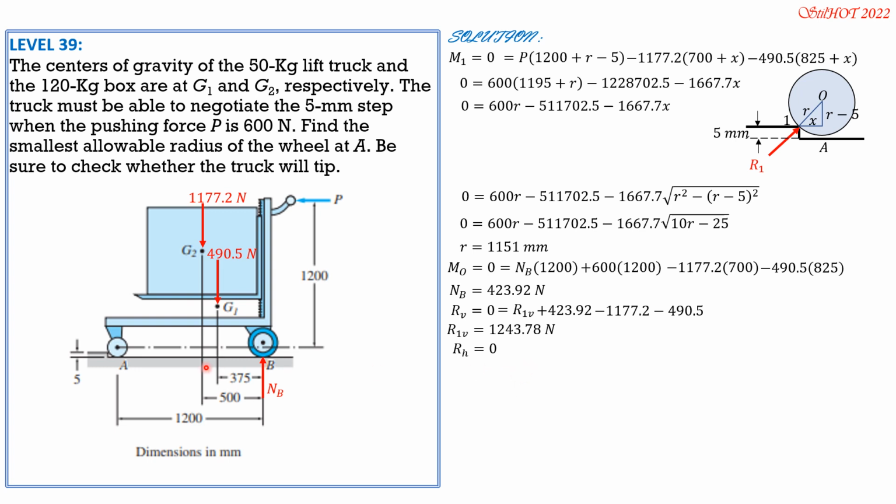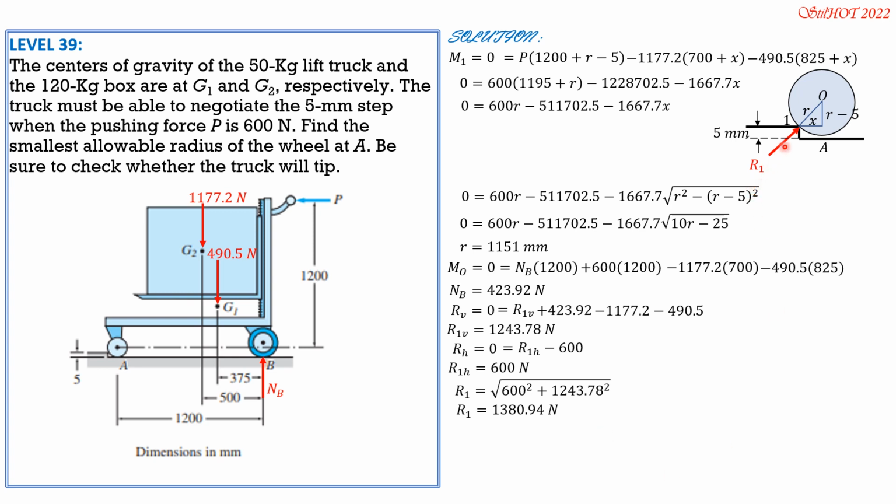This is equal to the horizontal component of R1, then minus P, which is 600. So R1 horizontal equals 600 newtons. Finally, the magnitude of R1 is the square root of 600 squared plus 1240.78 squared. So R1 is equal to 1380.94 newtons.